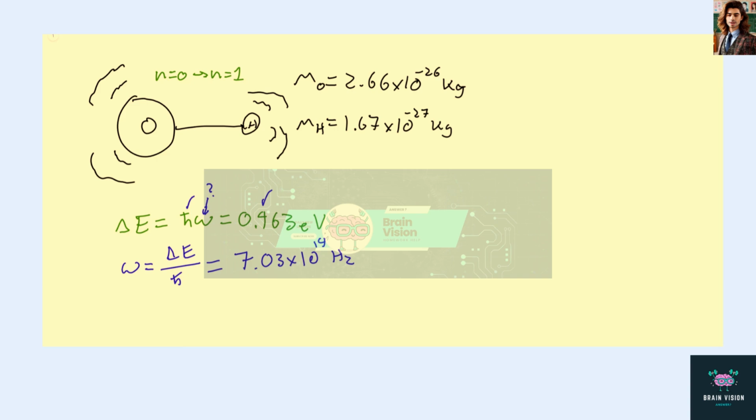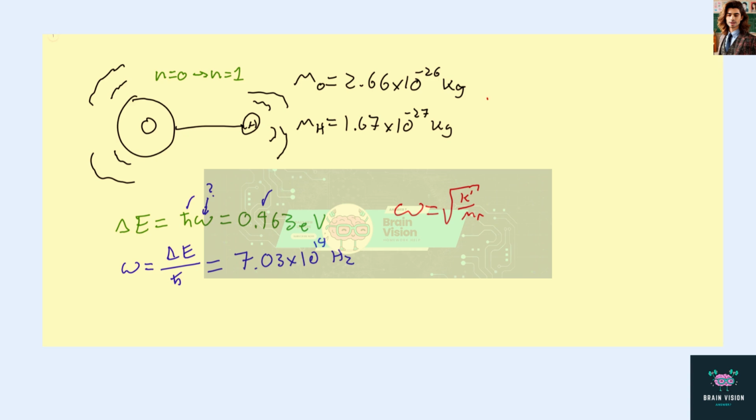But we're also supposed to find the force constant, which, if you look earlier in the chapter, you see that the frequency is related to the force constant by this relation. So frequency is equal to force constant over the reduced mass of the system.